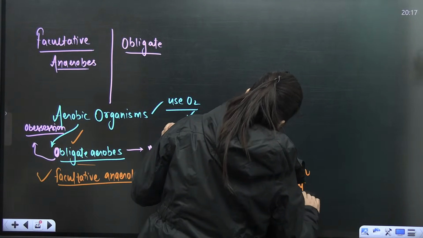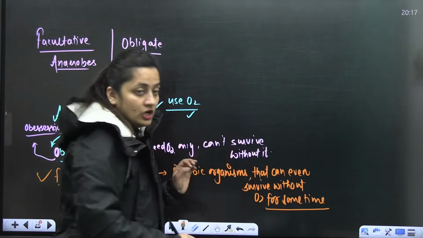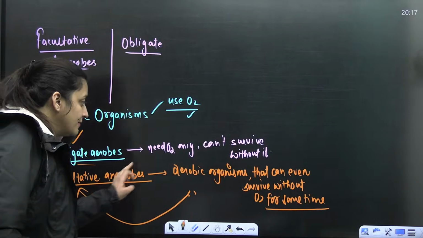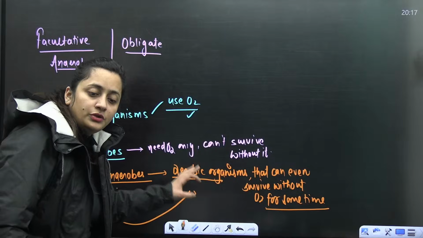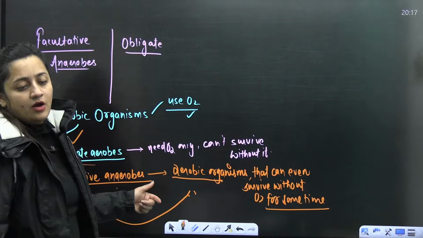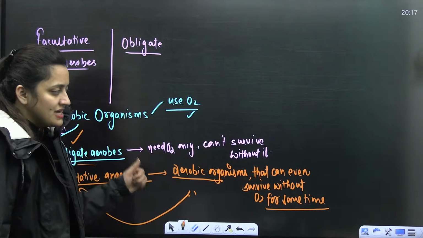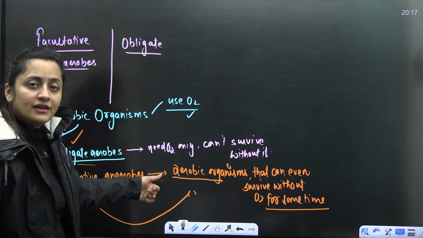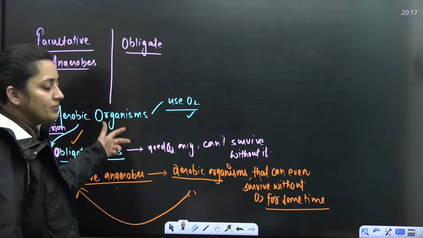So they are not the true anaerobe, they are the facultative anaerobe. Ultimately they are aerobic organisms only, which can survive without oxygen for some time. Same way you can discuss what is obligate anaerobe or facultative anaerobe. I hope this part is clear.